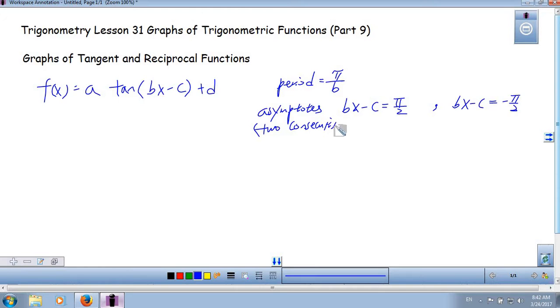When we solve for two consecutive asymptotes, then we know exactly how long our period would be, and we know exactly where to graph our zeros. Because once we graph the asymptotes, the zeros, or the center point, the x-intercept in this case, will be in the middle between the two asymptotes.